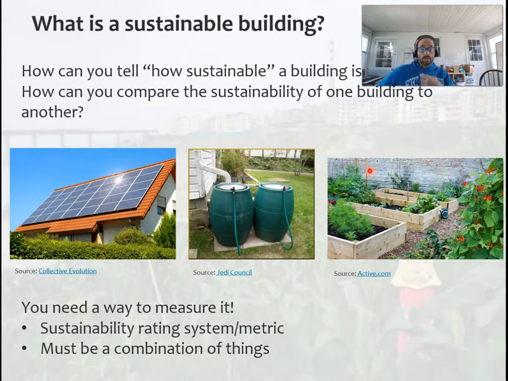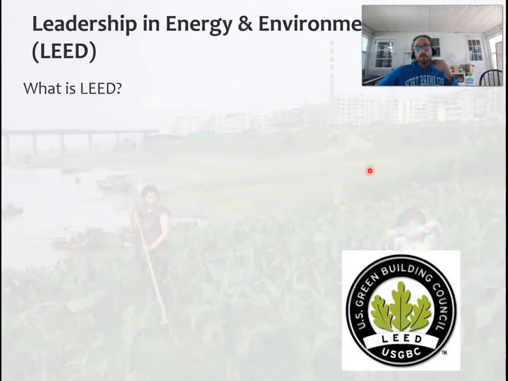As you'll see, LEED is one very big suite of metrics put into one certification, and so is the Living Building Challenge. It's going to be a combination of things, and because sustainability is so broad, it's hard to pin down, and that's why there are so many different types of rating systems out there.